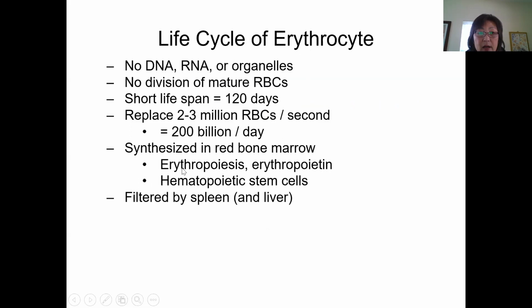And this RBC production is called erythropoiesis. The hormone is called erythropoietin. This hormone stimulates erythropoiesis. This hormone is made in the kidneys, all right? And the function is to stimulate RBC production.